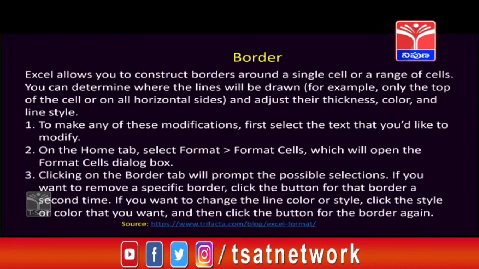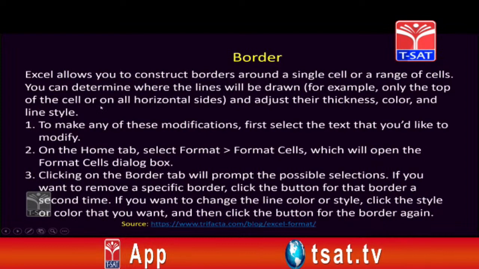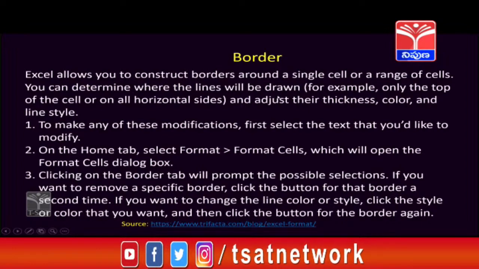The next option which is available as part of the formatting options is border. Excel actually provides us with an option where we can construct borders around a single cell or a range of cells.